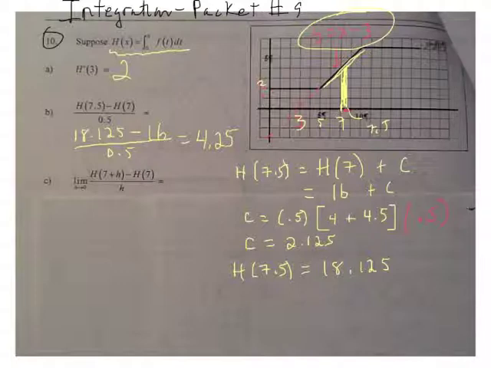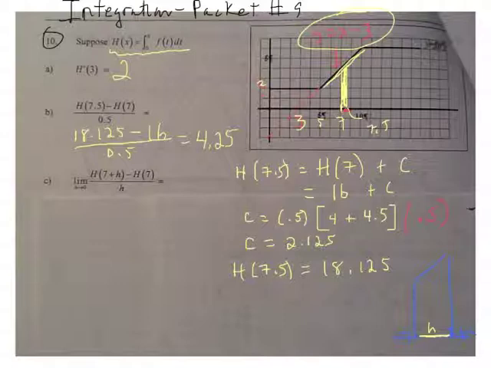Okay, for C, the idea is the same as what we just did in B, but instead of having specific numbers, we're just going to go from 7 to 7 plus h. So our delta x is just the value of h, whatever that is.